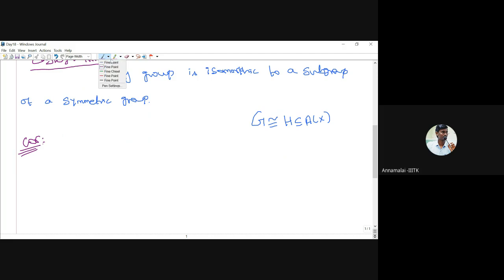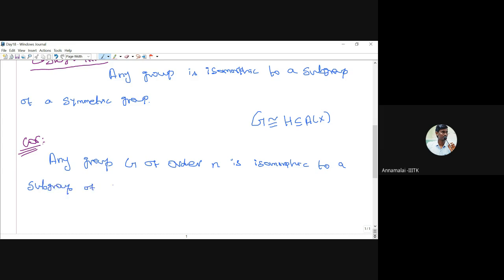So what is any group of order n? Maybe it is cyclic or abelian or anything, but any group G of order n is isomorphic to a subgroup of the symmetric group Sn.